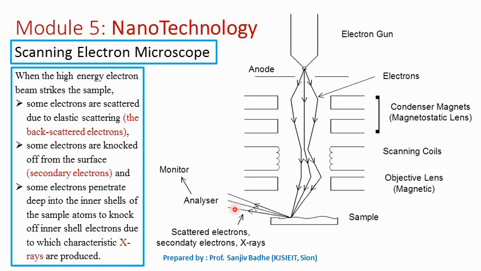These are given to the analyzer, and the analyzer will analyze the intensity of scattered electrons, the intensity of secondary electrons, and the intensity of X-rays. All these are analyzed and the information is presented to the monitor, and on the monitor we can see the magnified view of the surface of the sample. So this is a simplified diagram of the construction of a scanning electron microscope.